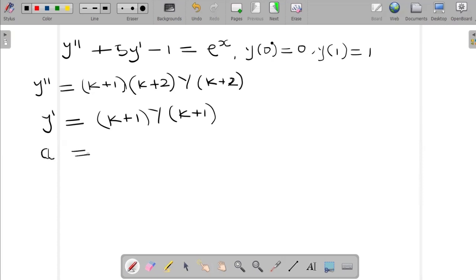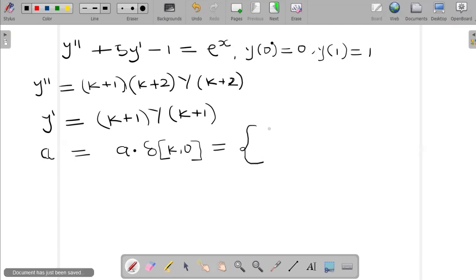Suppose we have a constant a there. This will be transformed as a times the Kronecker delta of k comma 0, which is equal to a if k is equal to 0, or equal to 0 if k is greater than or equal to 1.